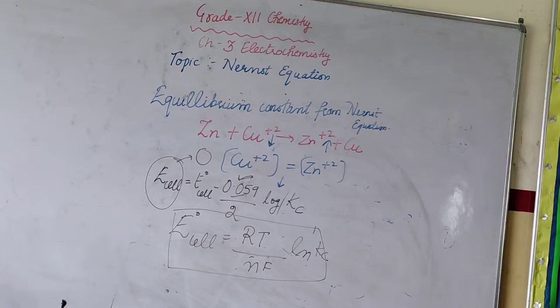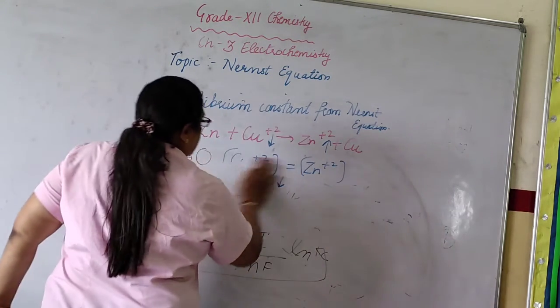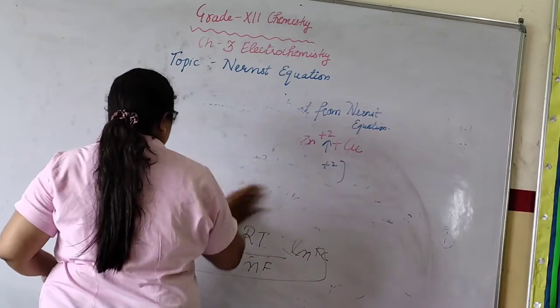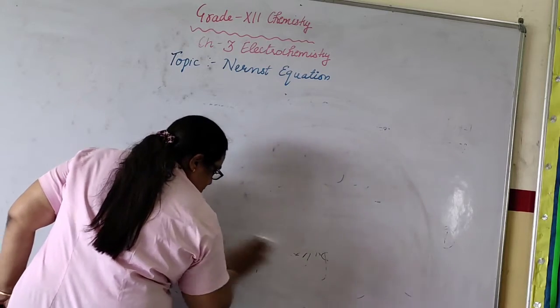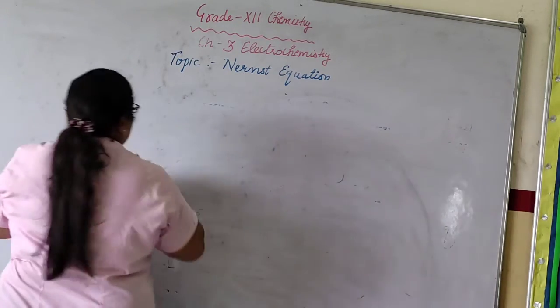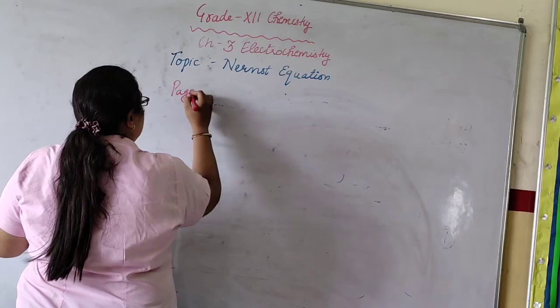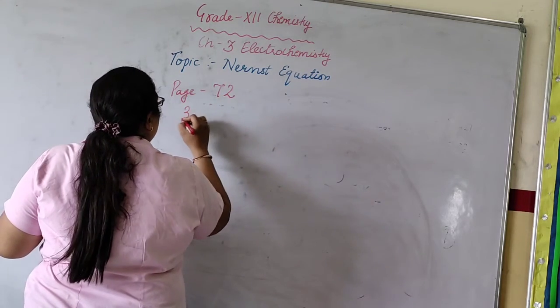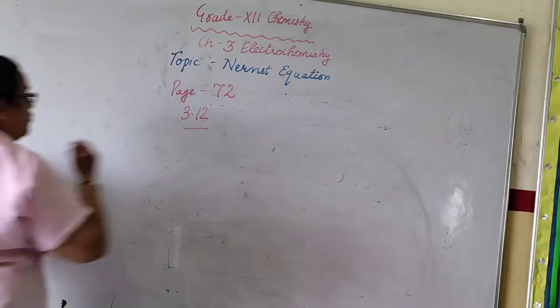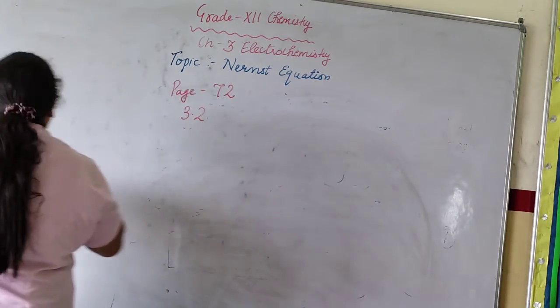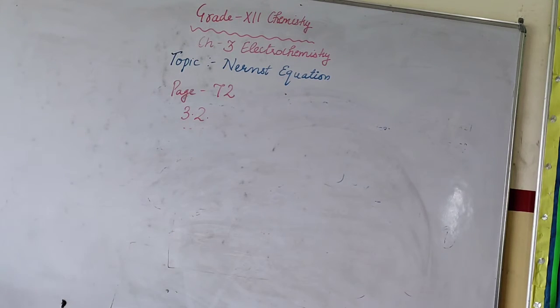Now, a question on page number 72, question number 3.2 of NCERT, an in-text question. The question is: calculate the equilibrium constant for the reaction.